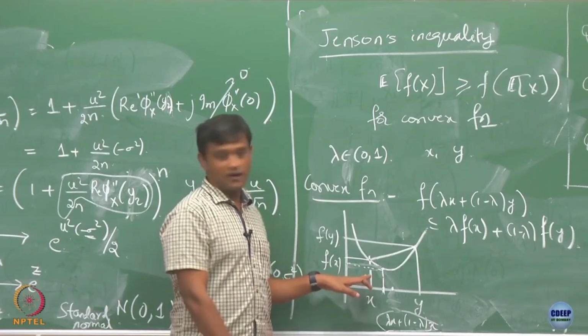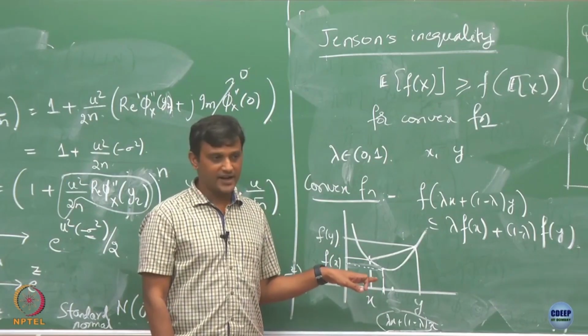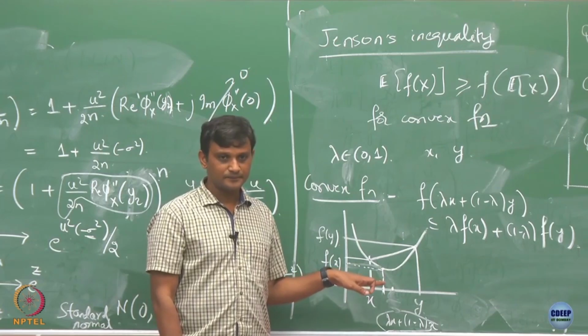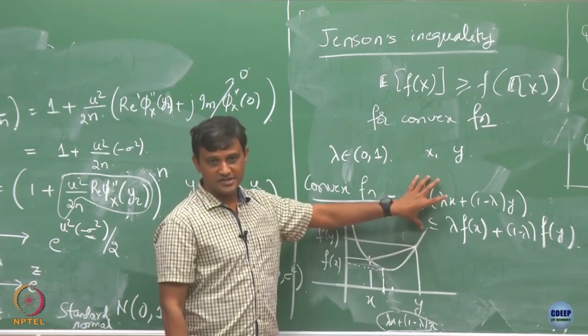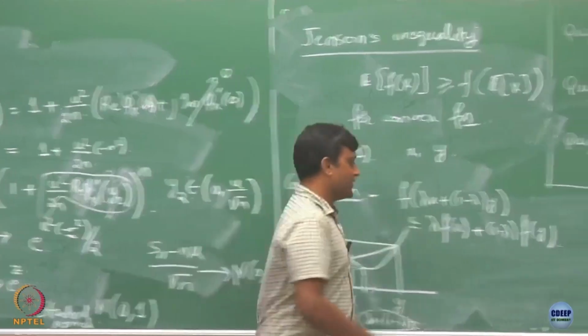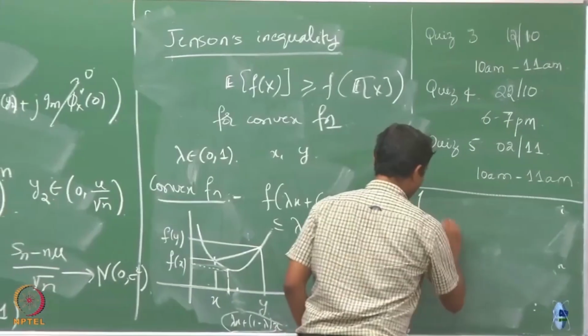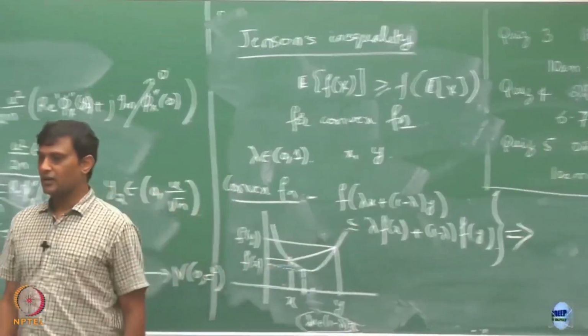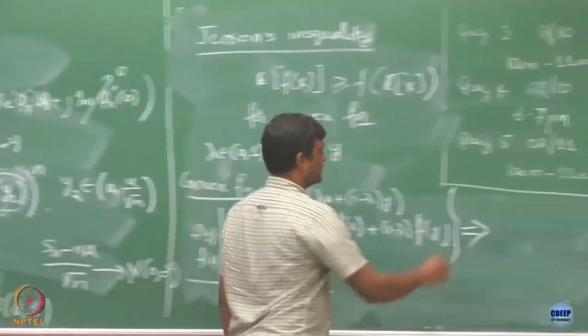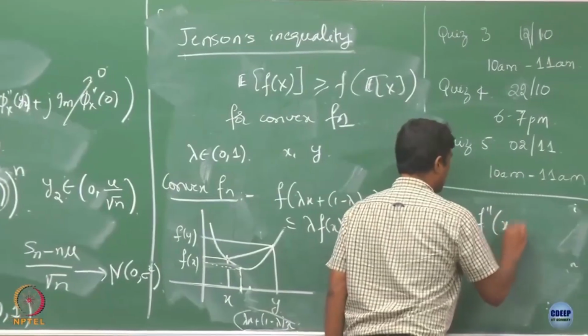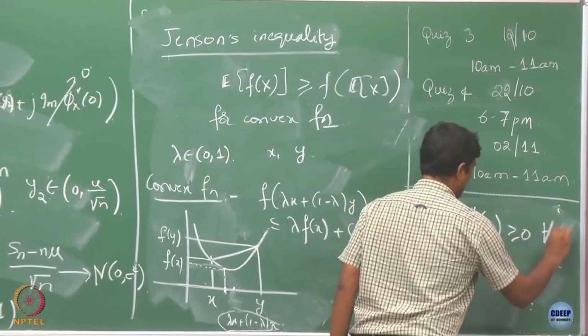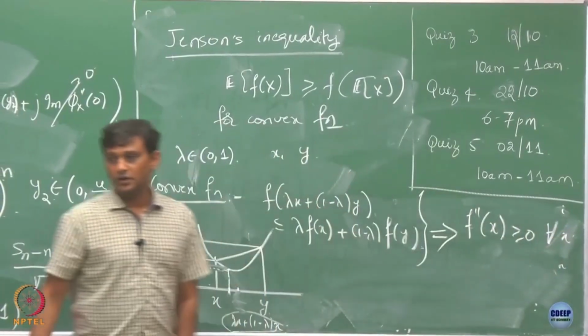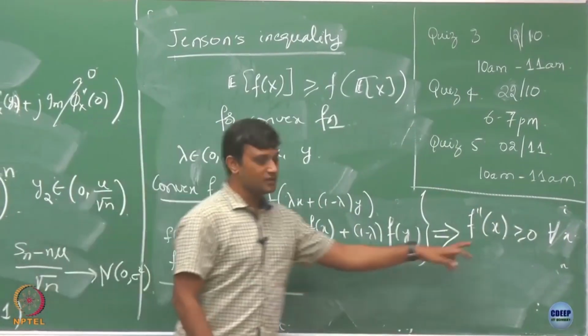So now we understand how the convex function looks, right? That is the consequence of this definition. So there are properties one can think of for any convex function, for all x. So why is this true actually?